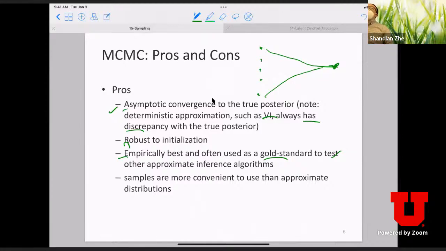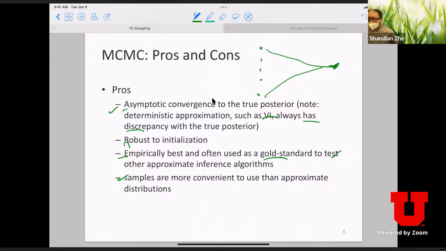This is kind of indirect proof that the posterior inference quality of MCMC is better. And of course, there are many toy cases where you can compare the learned posterior distribution from variational inference and from Markov chain Monte Carlo sampling, and you see the difference. The uncertainty, especially the posterior variance estimated by MCMC, is usually more reasonable than that estimated by variational inference.